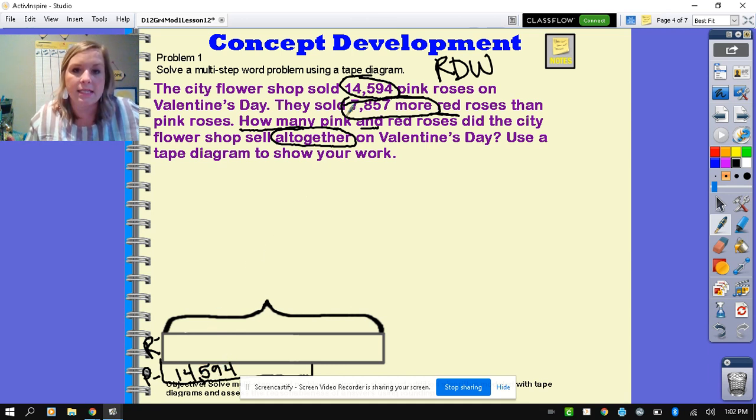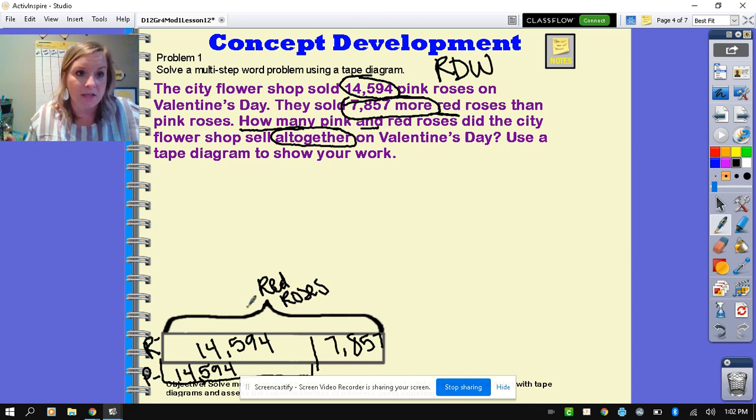Now, it says they sold 7,857 more red roses. So that means they already sold the 14,594 red roses plus an additional 7,857. Now, just this portion, we need to find out the red roses.